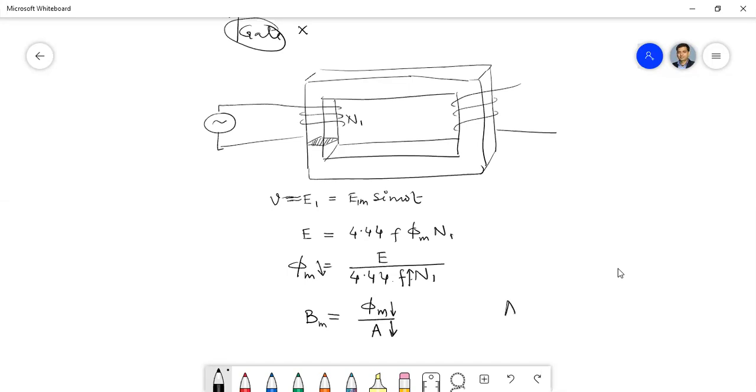So what we are getting is, if the frequency is increased, it results in a reduced area of the transformer core. If the area of the transformer core is reduced, the size of the core will be reduced.